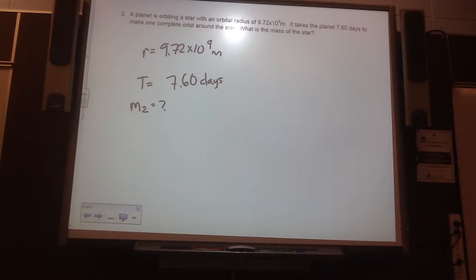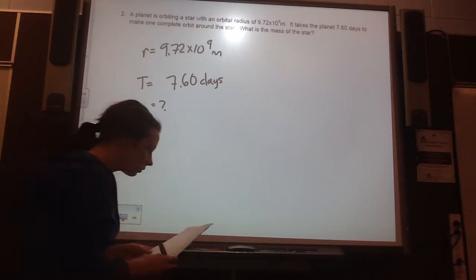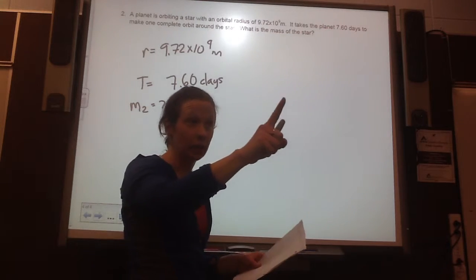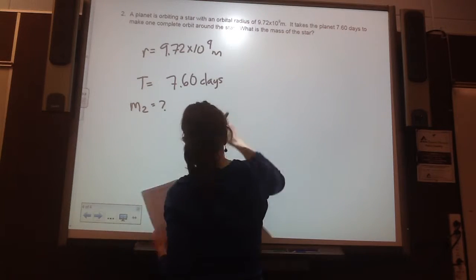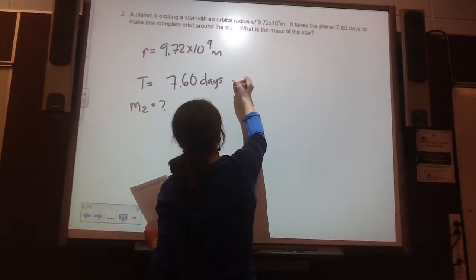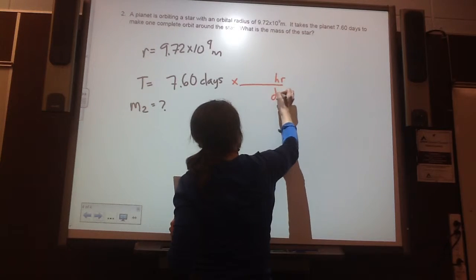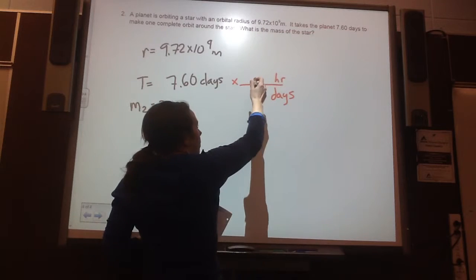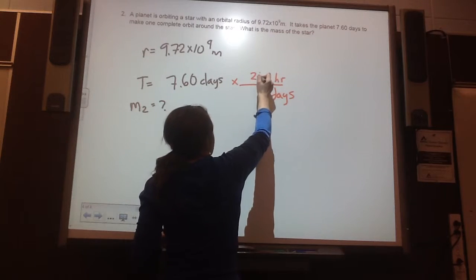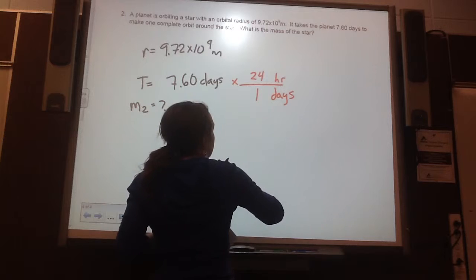Before we launch into putting this into our formula, we need to do something to our period. We need to convert it into seconds. So again, we set up our fraction. Let's put it in hours first. How many hours in one day? 24 hours in one day.